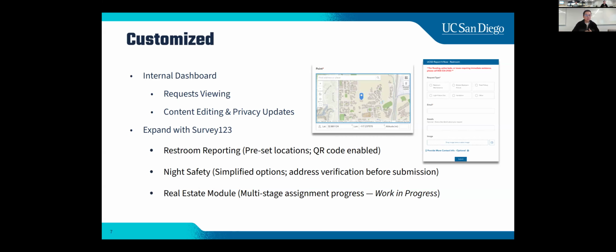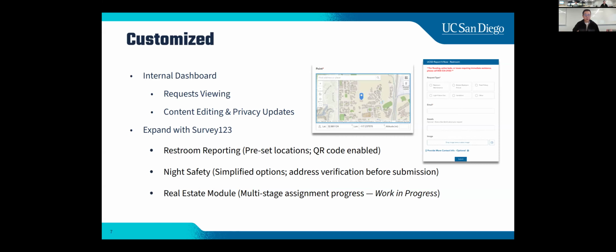We are working on this. For these expansions, we mainly use Story 1, 2, 3. We use the same feature layer that is centrally managed by the reporting now system. We're just adding another method for the user to submit the request.